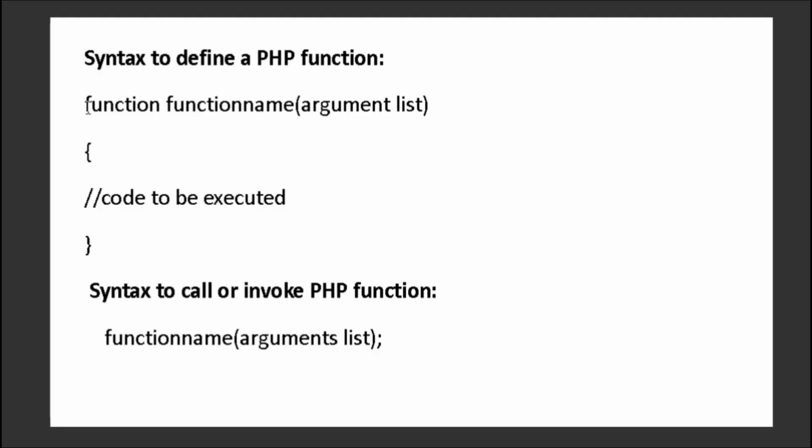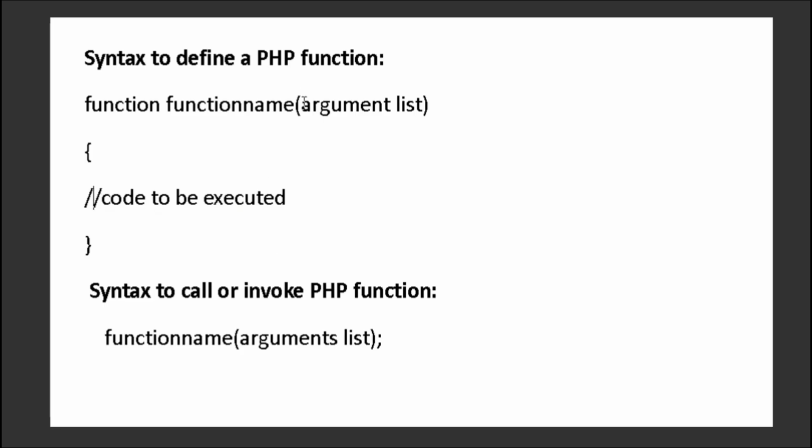Here you can see the syntax of a function declaration. We use the function keyword followed by the function name, and inside the parentheses we can pass the parameter or argument list, and in curly braces we declare the code that we want to execute.